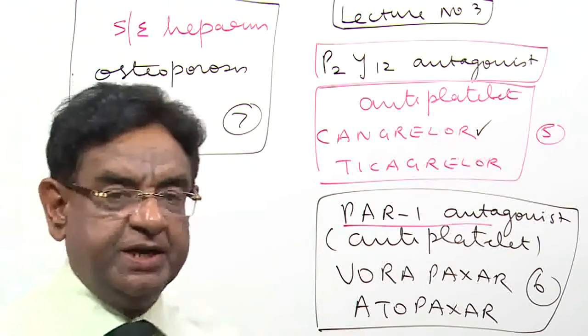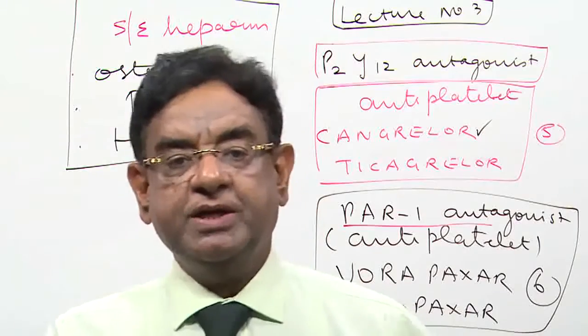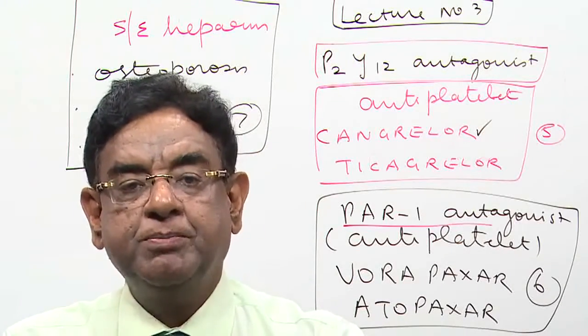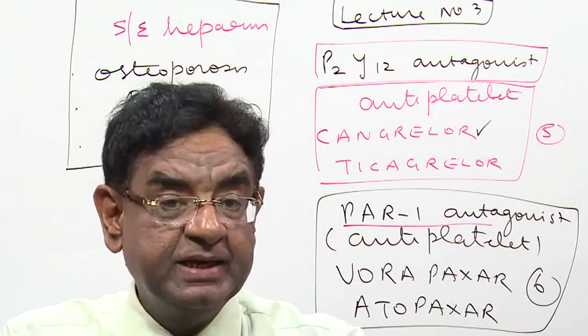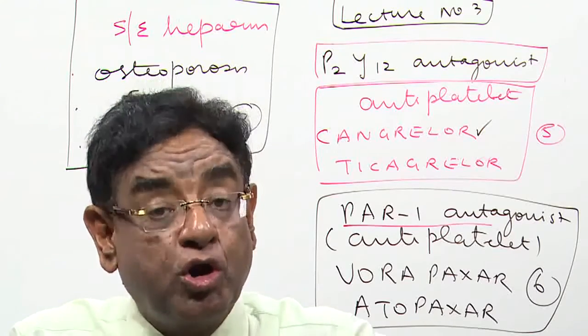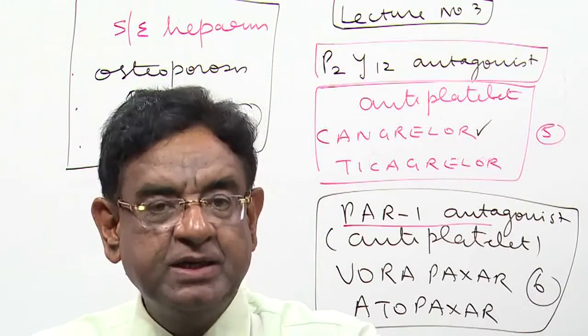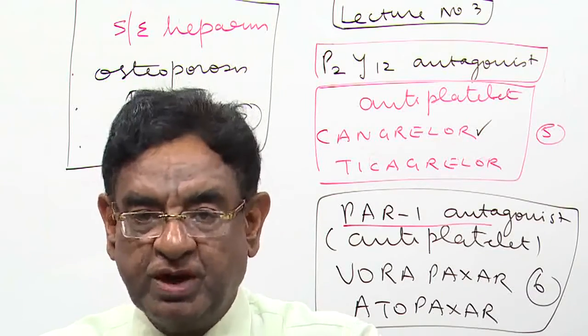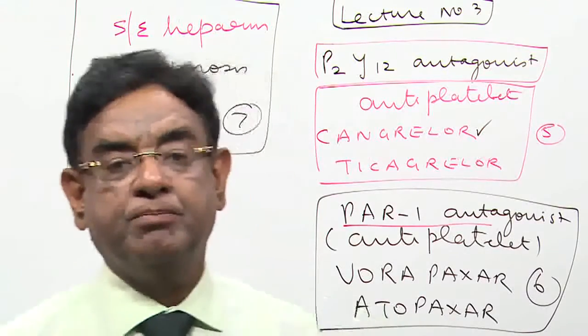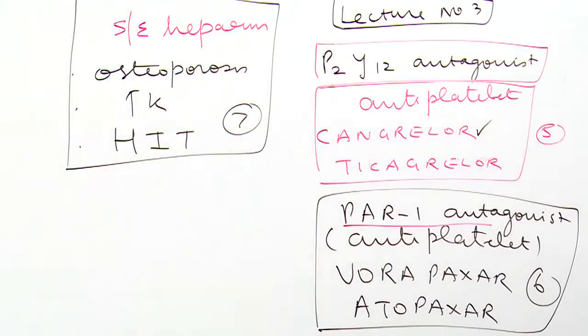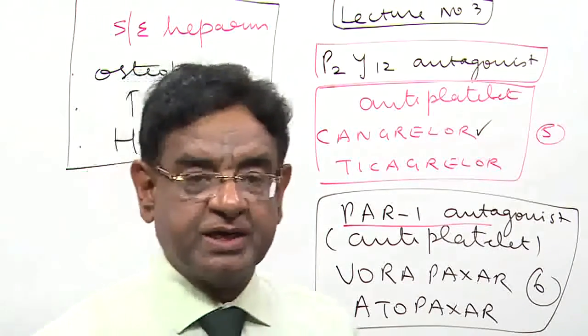It looks like it reduces platelet count, which means there should be more bleeding, but surprisingly it tends to have more clot formation. Due to HIT, because of an autoimmune phenomenon, the patient has more tendency to make clots. So they were looking for newer drugs.